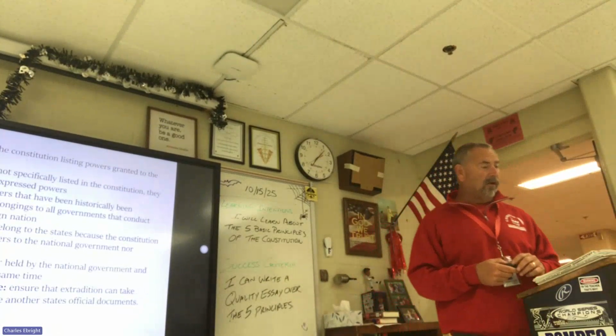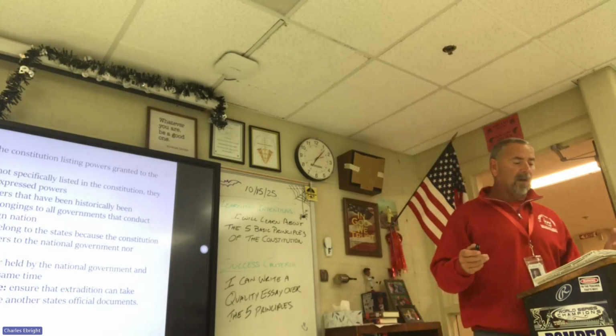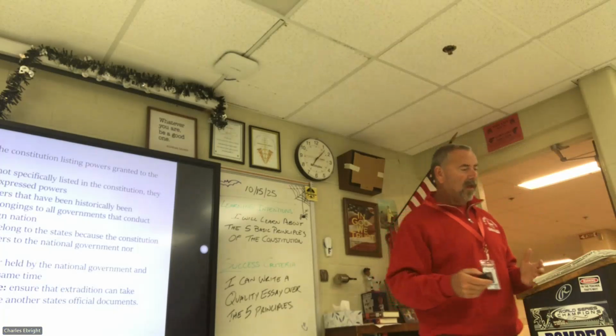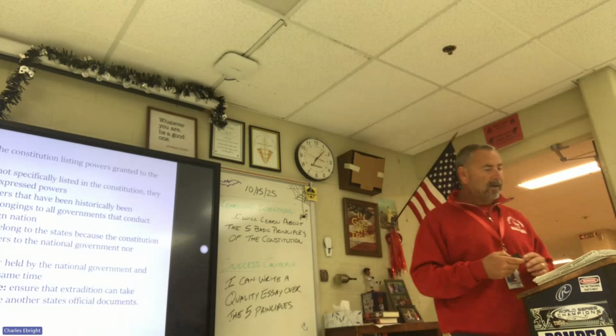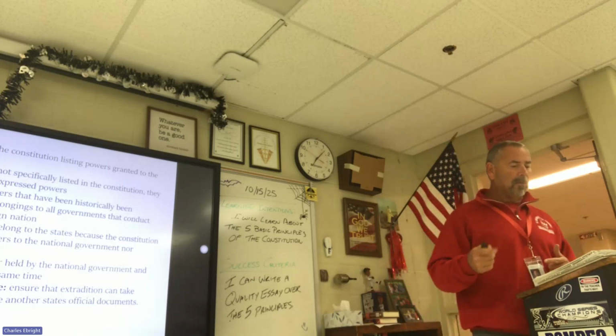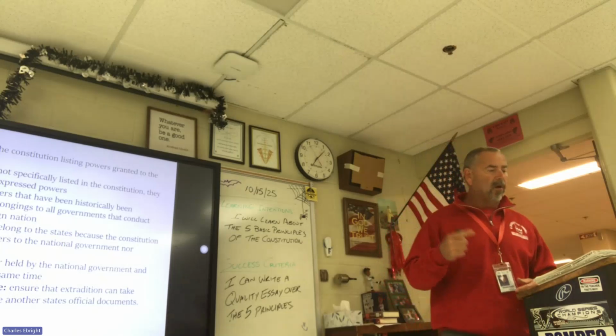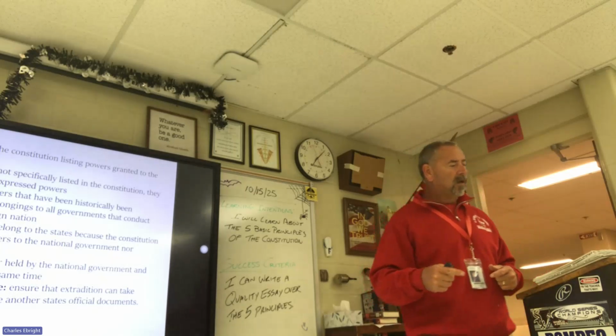It says, under a federal system of government, powers are divided among national, state, and local governments. That's our basic definition: powers are shared or divided. This means that in the United States, some powers may belong to the national government, while others may belong only to state and local governments.